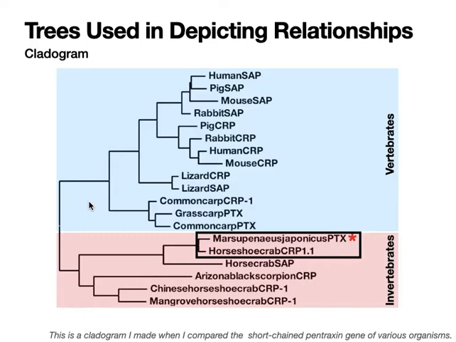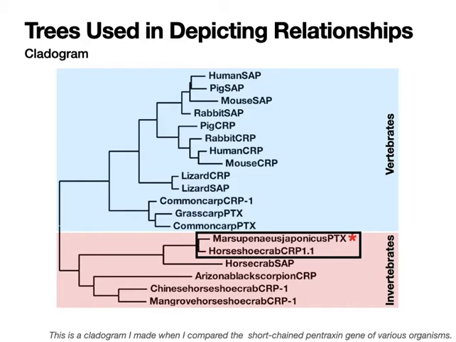The gene that I'm studying is actually an immune-related gene, which is pentraxin. So just by looking at the molecular data, I can say here that the pentraxin gene of invertebrates were able to evolve separately with their vertebrate counterparts. So, ganun lang yung pinapakita ng cladogram.